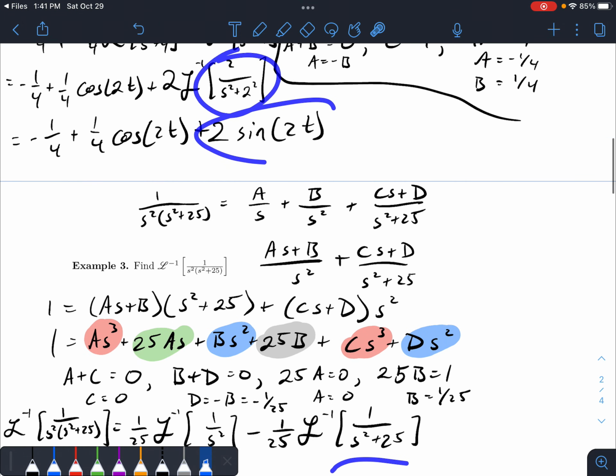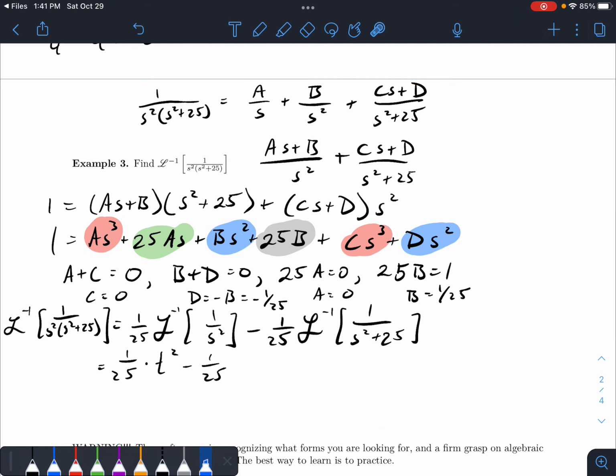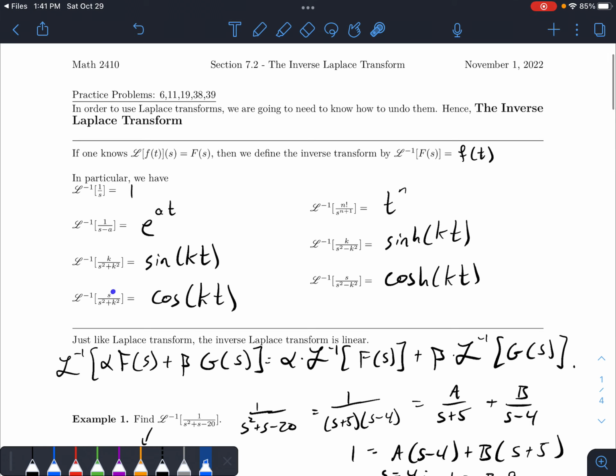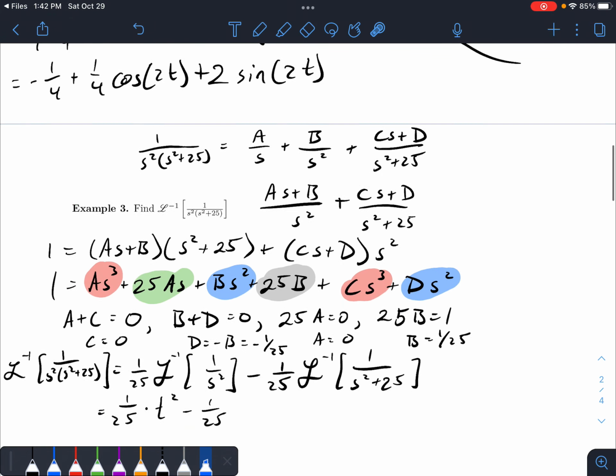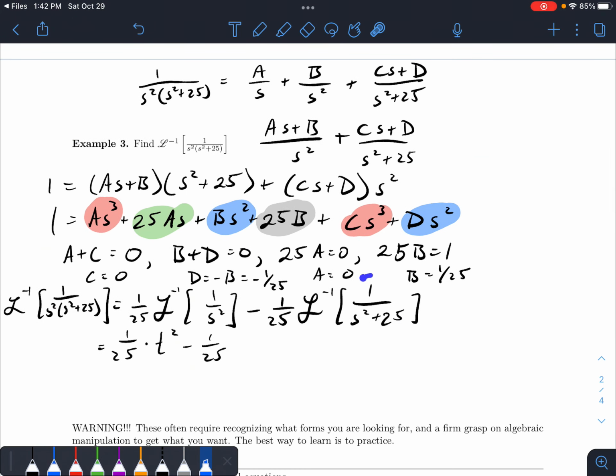Minus 1/25 times what? So this is going to be really similar to what we did with this thing right here. So we have a constant over s squared plus k squared. This one right here: constant over s squared plus k squared. This is s over s squared plus k squared. So constant over that equals sine of kt. But we need to have a 5 in here, so we need to multiply and divide by 5.